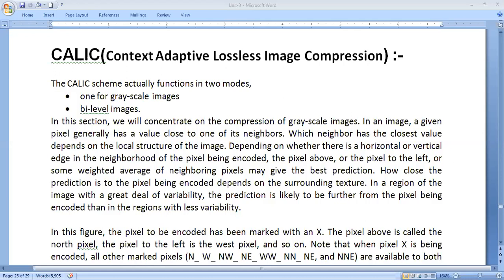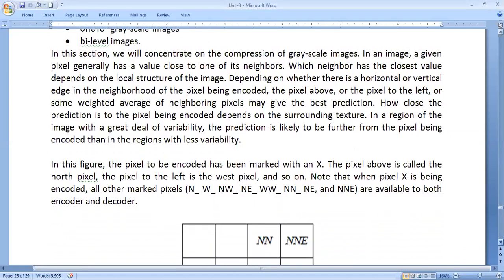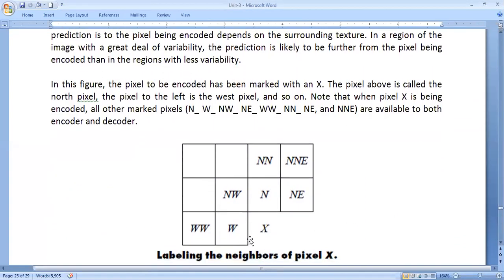So this figure I also discussed last time. Suppose we want to encode this X pixel, then we find the values of north, northeast, north of north, north of east, and this one is northwest, this one is west related to X, and this one is west of west related to X. There is nothing very big in this. This is north, north of north will be called north-north, and this one is north-east. Just like you do in a map, it is the same thing, nothing very different.